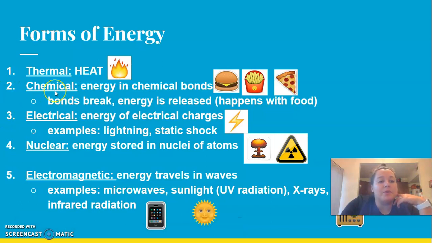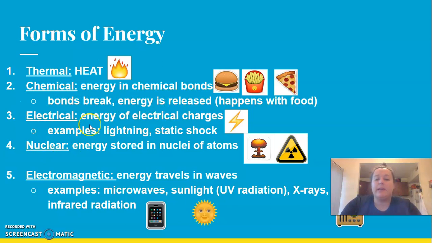We have chemical energy, which is stored in chemical bonds. Mainly we think about our food when it comes to chemical energy. So that's why I put a lot of different types of foods here. Once the bonds of the chemical energy are broken, it releases that food energy or that chemical energy.